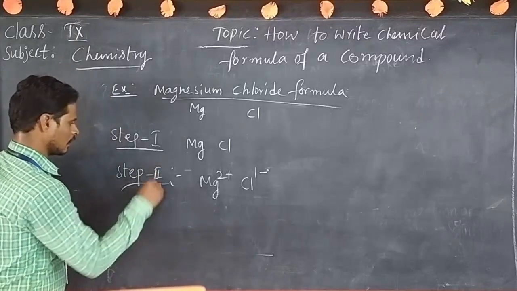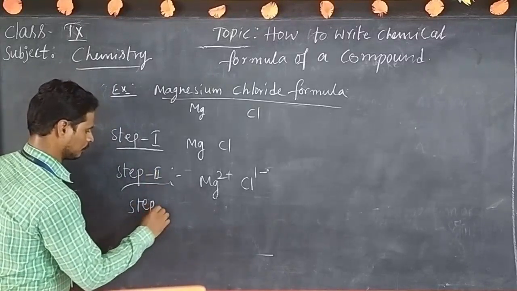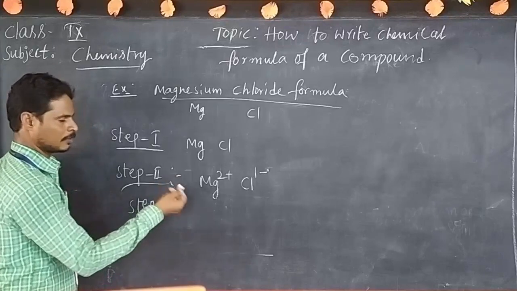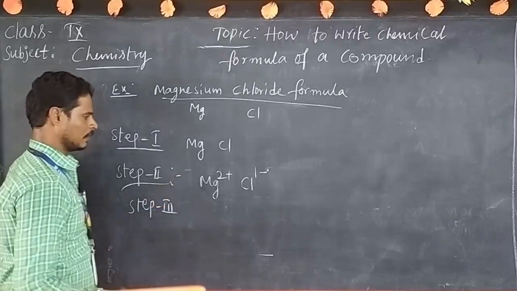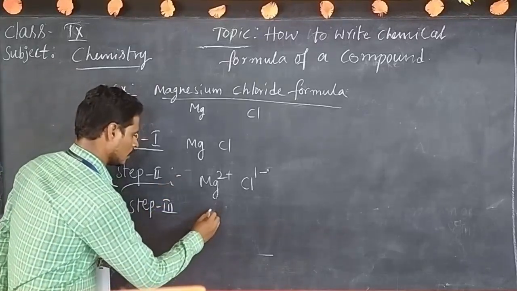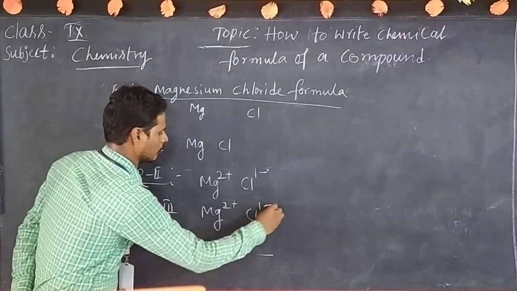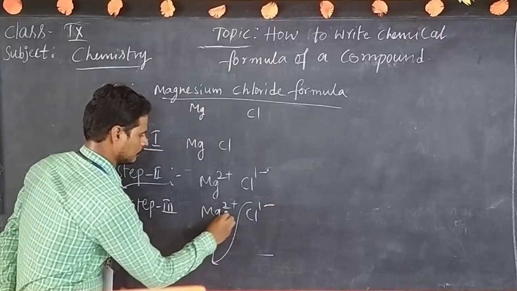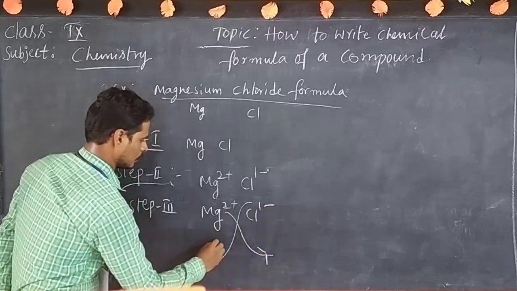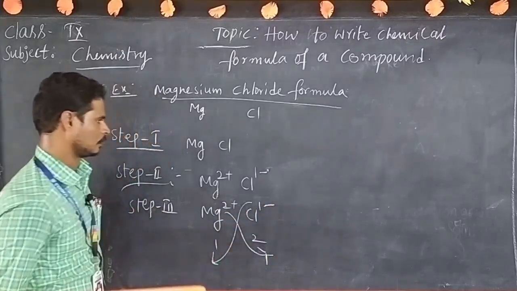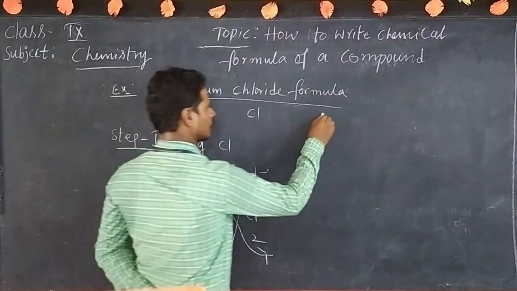Already the third step is ignored, that's why it is written as step 3. Mg 2 plus, Cl 1 minus, 1 2. Now step 4.